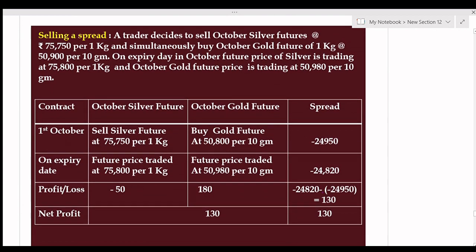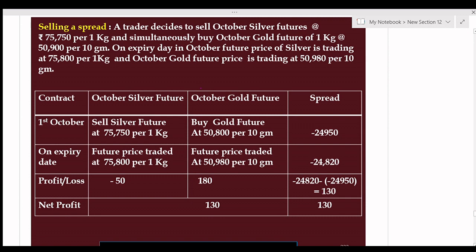Selling a spread: a trader decides to sell October silver future at the rate of rupees 75,750 per 1 kg and simultaneously buy October gold future of 1 kg at the rate of rupees 50,900 per 10 gram. On expiry date in October, future price of silver is trading at 75,800 per 1 kg and October gold future price is trading at 50,980 per 10 gram.